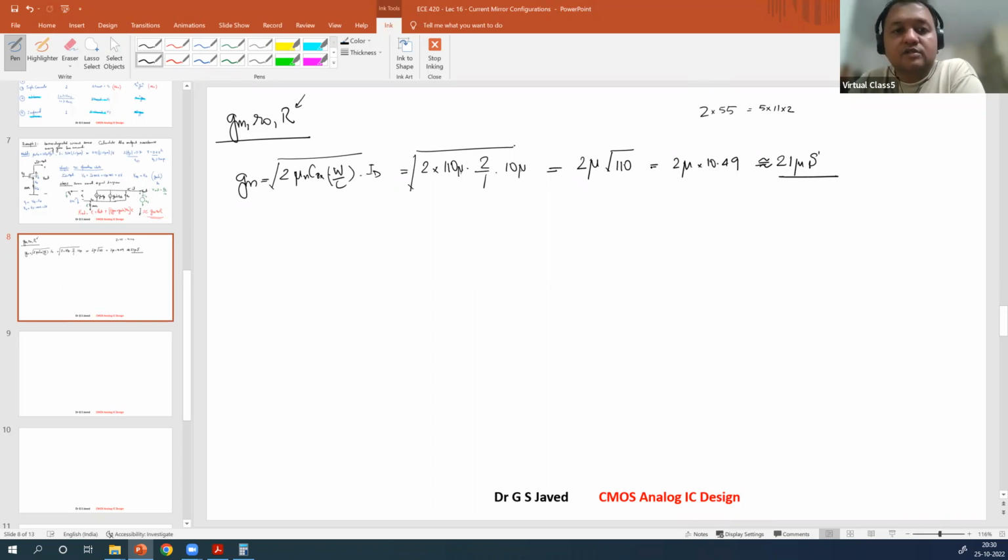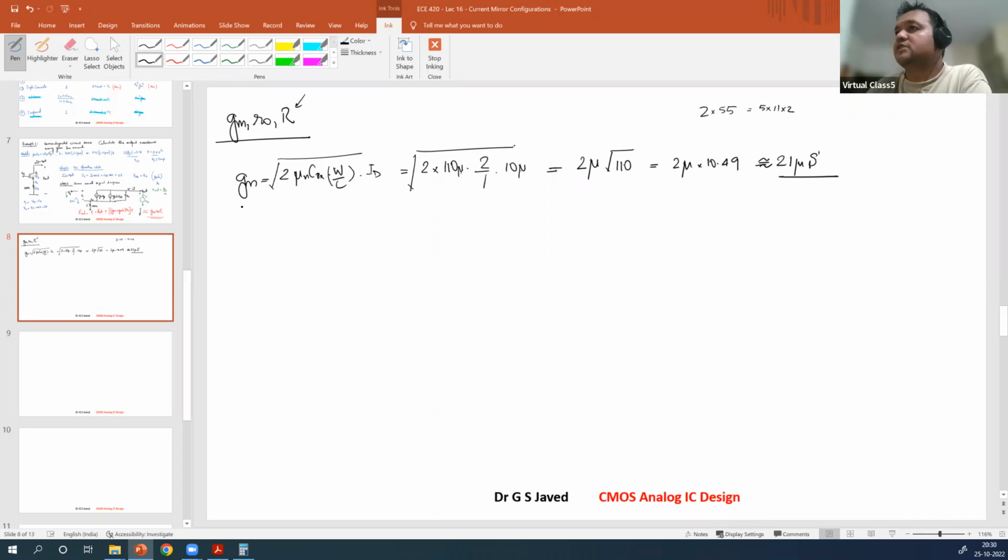2 times mu Cox, 110 micro, then W over L 2:1. Then ID is 10 micro. That is correct. Good.